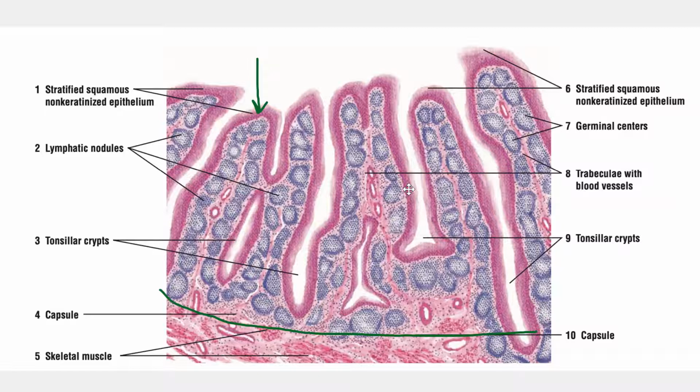In our tonsil, the epithelium can make some invaginations inside, and these invaginations are called tonsillar crypt. And around the invagination, you can see the roundish structures, which are lymphatic follicles. This is the structure of the tonsil.